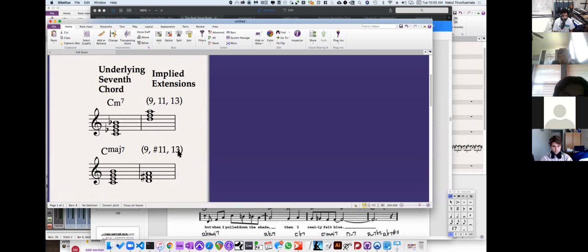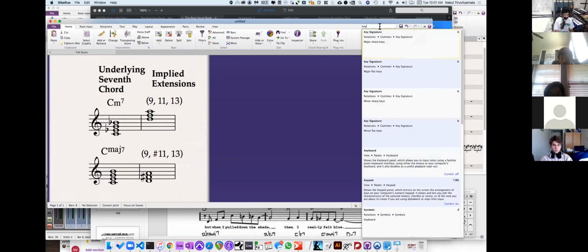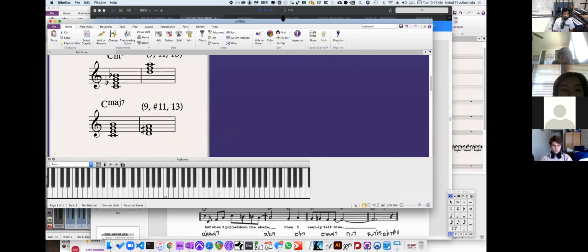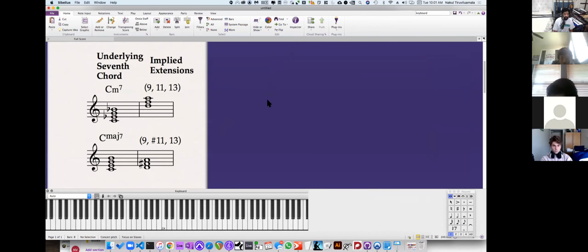Now, why not the 11? Why couldn't I use the regular 11? Well, this hinges on this idea. I don't know if you remember me telling you this, but there's this idea that minor ninths are dissonant, right? If you recall when I was talking about that, minor ninths, basically this interval right here, it's a dissonant interval.